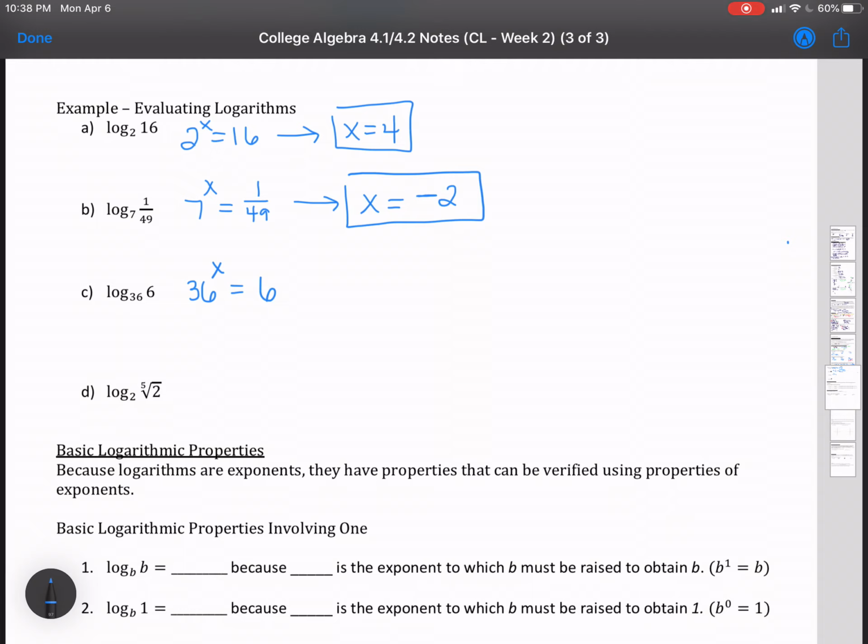So we know that the square root of 36 equals 6. Well, the square root is the same as what exponent? That would be 36 to the 1/2 power equals 6. So that tells us x equals 1/2.